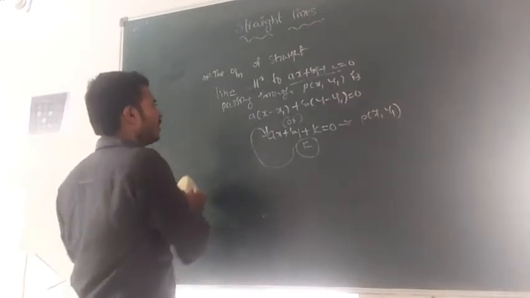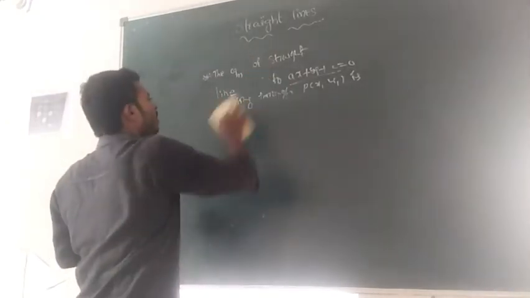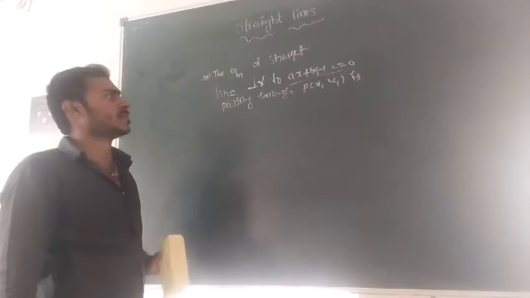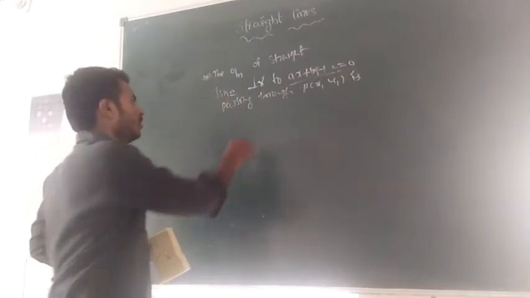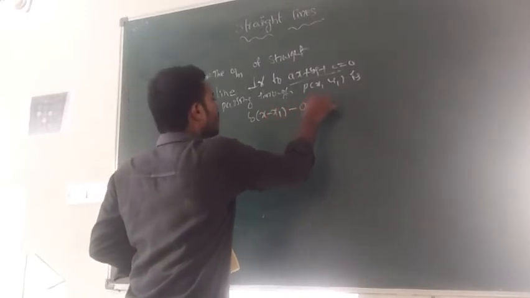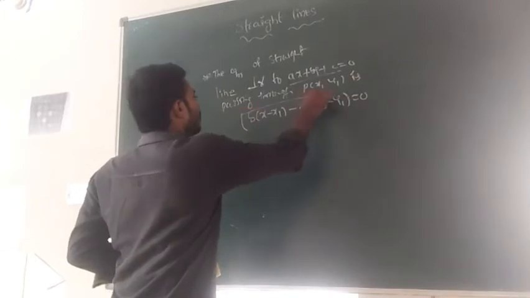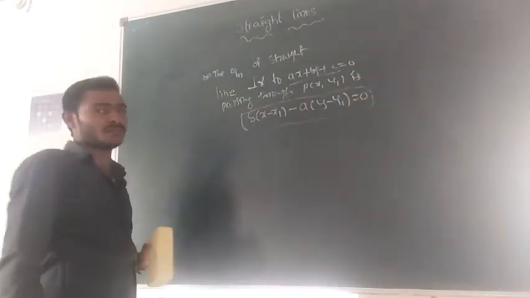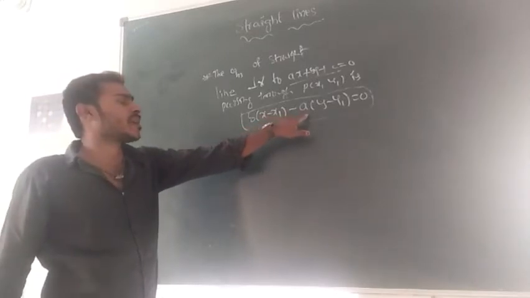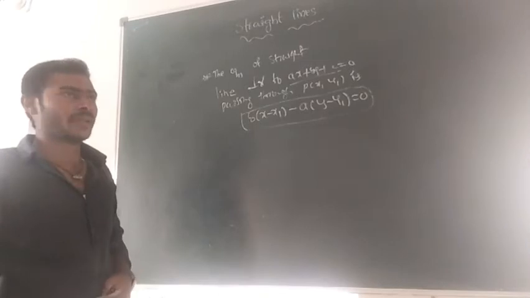Now similarly, the equation of a straight line perpendicular to ax plus by plus c equals 0 is b into x minus x1 minus a into y minus y1 equals 0.